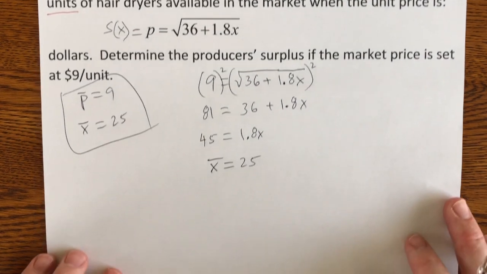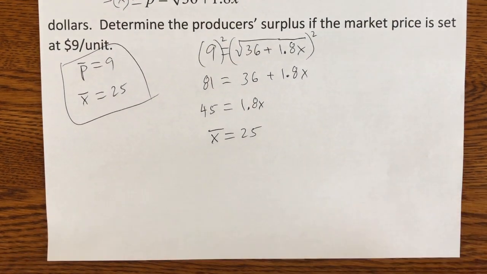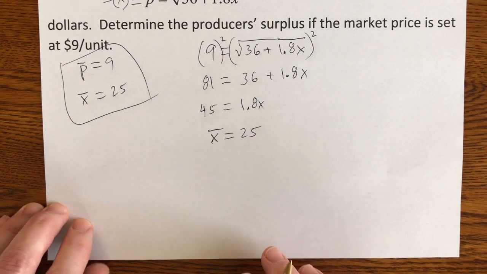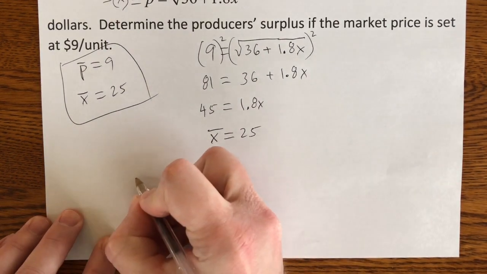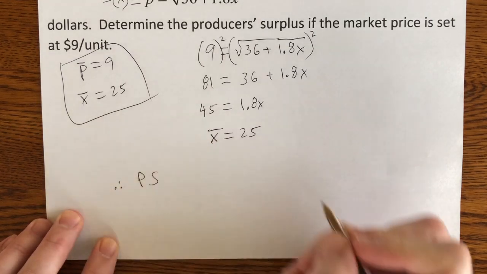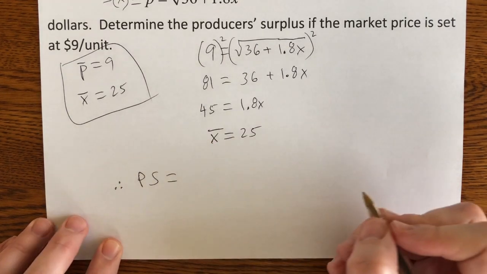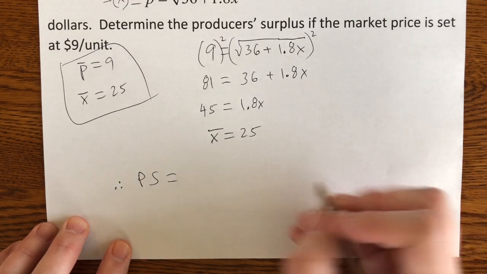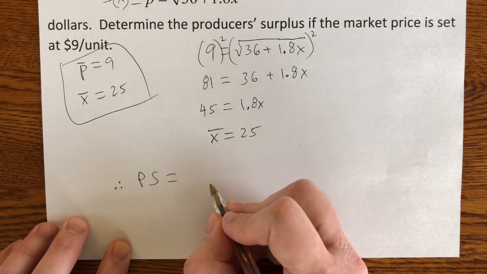Let's go ahead and set up our producer surplus model based on our information in front of us. So producer surplus is equal to what? First, it's going to be the area of that rectangle, which we just talked about.